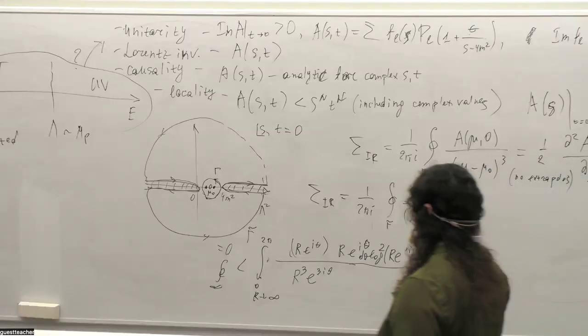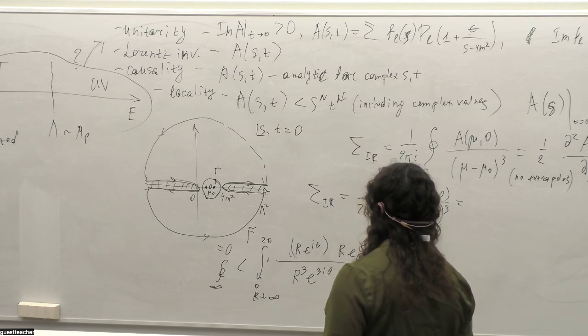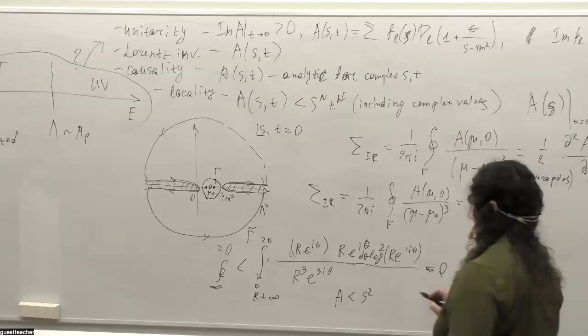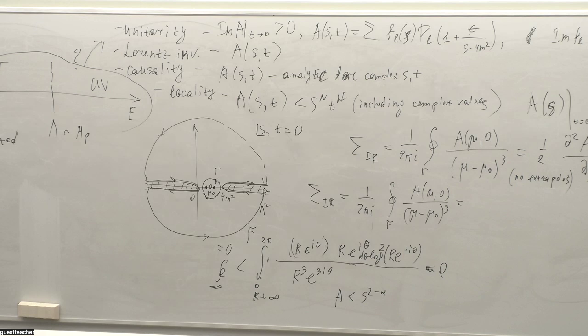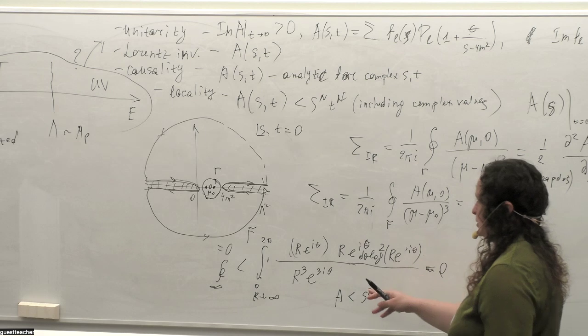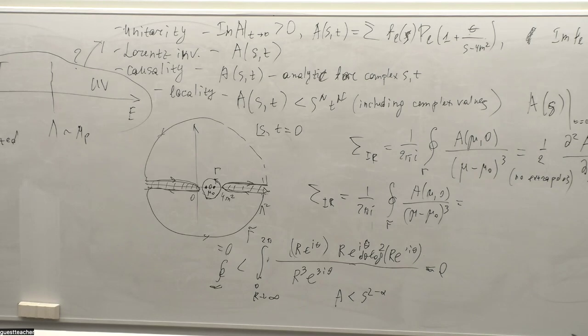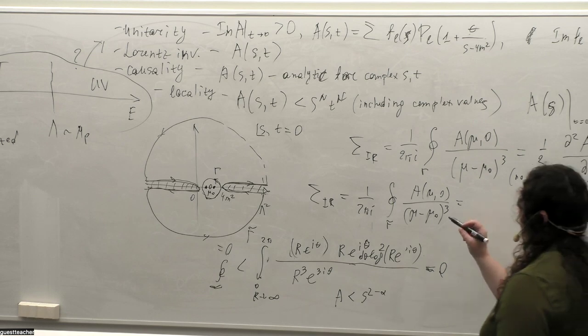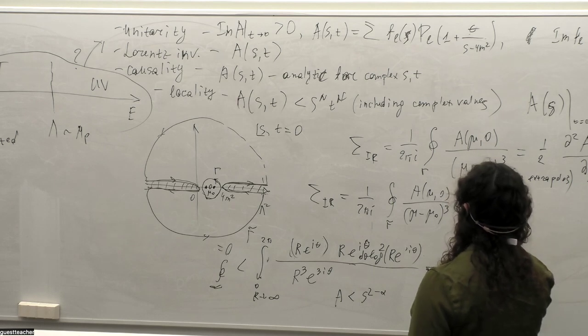Moreover, even a weaker condition, like the amplitude being less than s squared, maybe s to the 2 minus alpha, will also lead to vanishing of the infinite circle, because the integral will simply go to 0 in the limit R going to infinity. For this reason, I can simply write my integral here as two integrals, one from 4m squared to infinity.